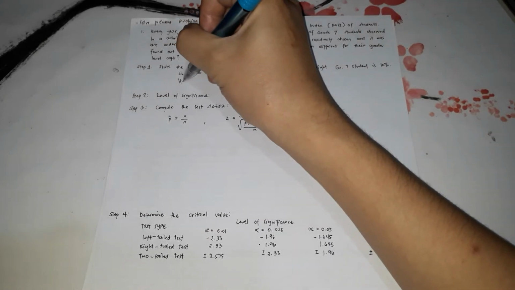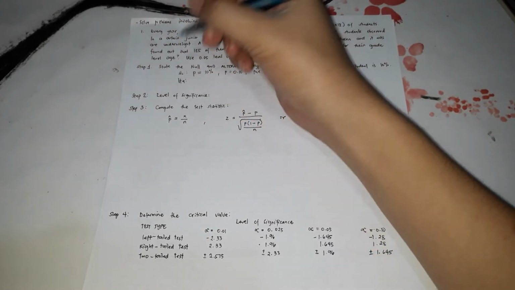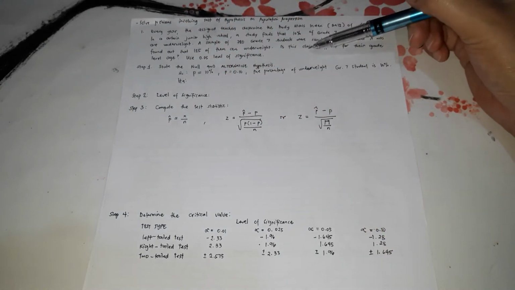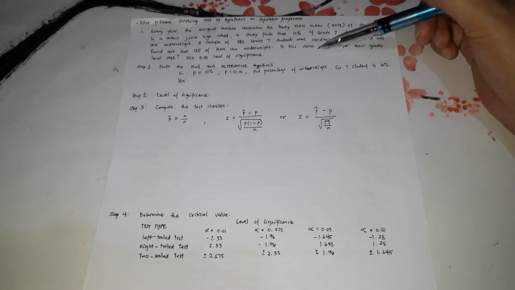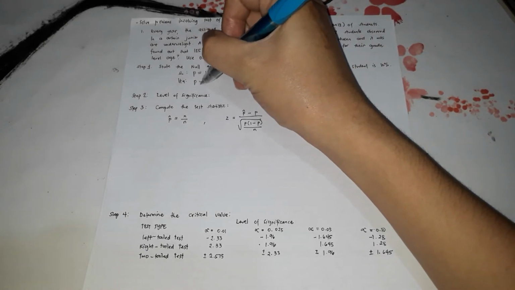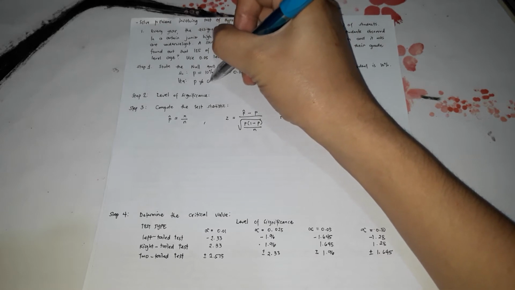That's the null hypothesis. For the alternative hypothesis, HA, the question is just asking for a difference. Is this claim different? So it's not asking if it is less than or greater than.